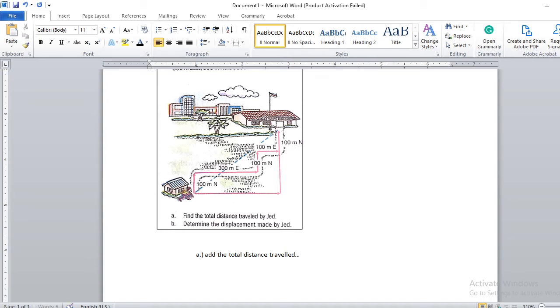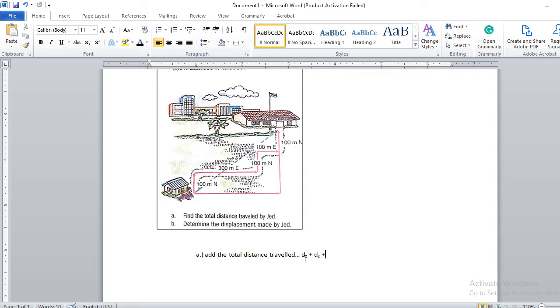So at first, Jed traveled 100 meters north. So that is distance 1. And then he traveled 300 meters east. So that is distance 2. And then he traveled 100 meters north.